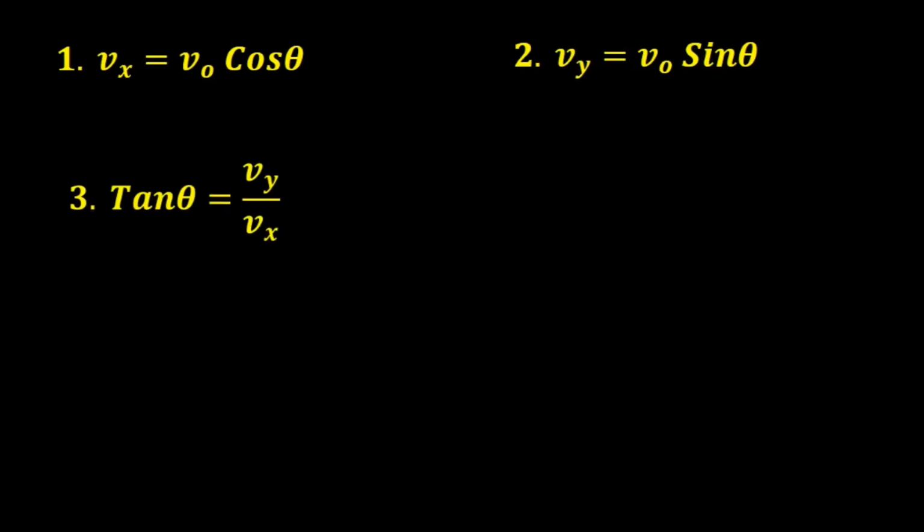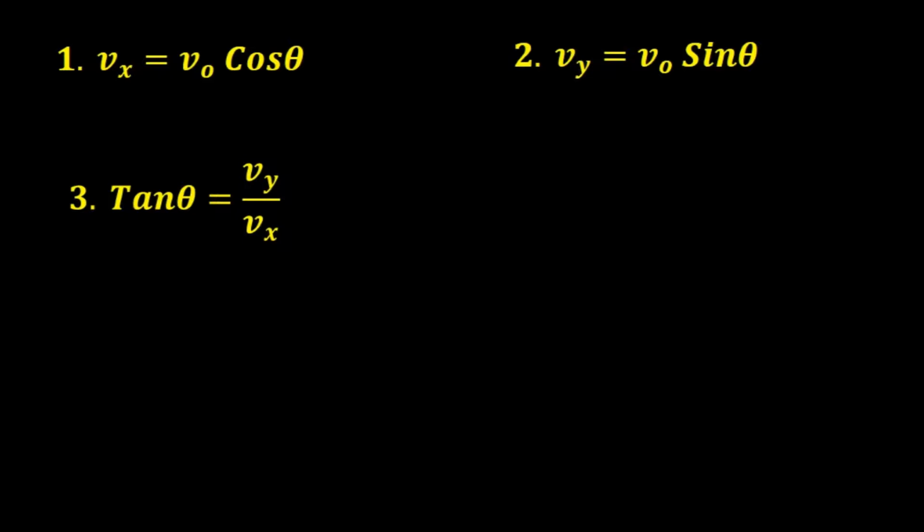Now, there are some basic equations for solving projectile motion problems. The first one is Vx equals V naught cosine theta. Number 2 is Vy equals V naught sine theta. You should be used to these right away.